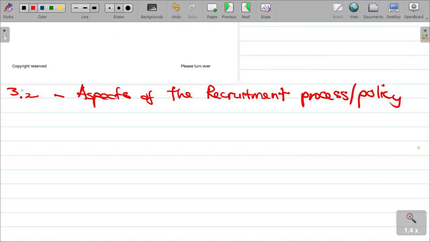So Solomon must make sure that the organization has a policy which guides the recruitment.